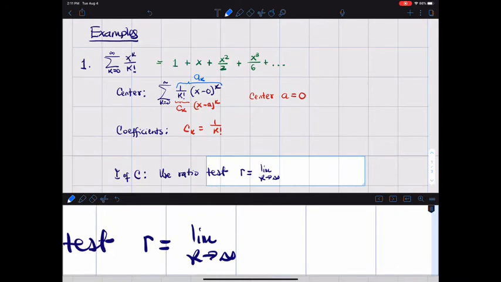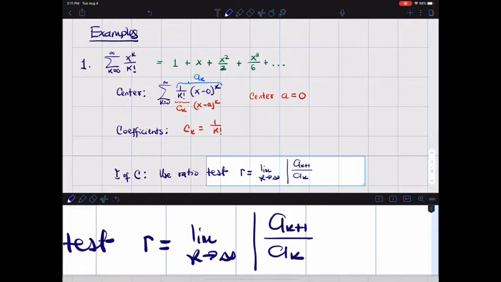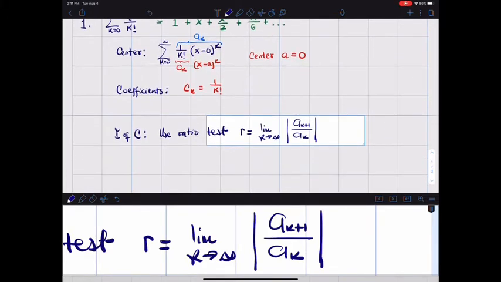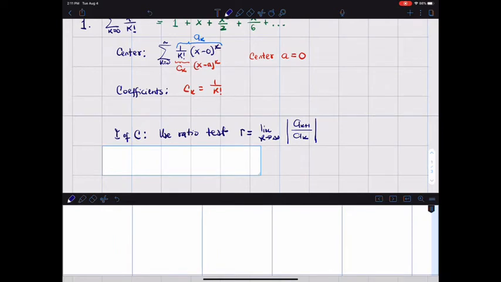So remember that the ratio test is the limit as k goes to infinity of ak plus 1 over ak, right? But in this case, let's look for absolute convergence, because absolute convergence is stronger than regular conditional convergence. Okay, so this will give us the limit as k goes to infinity.